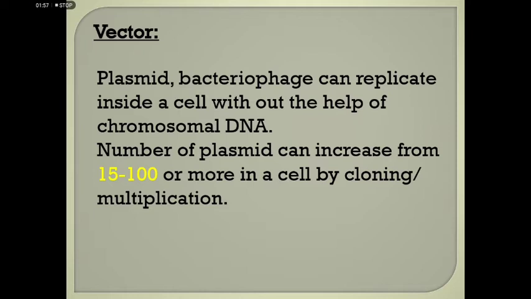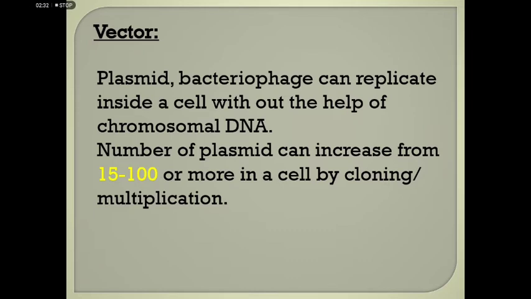The number of plasmids can increase from 15 to 100 or more in a cell by cloning or multiplication. We said that plasmid and bacteriophage act as vectors, while we commonly use plasmid for our technologies because it is easy to handle and also non-pathogenic. Viruses, all viruses are pathogenic.